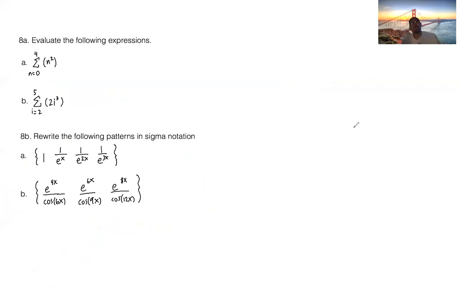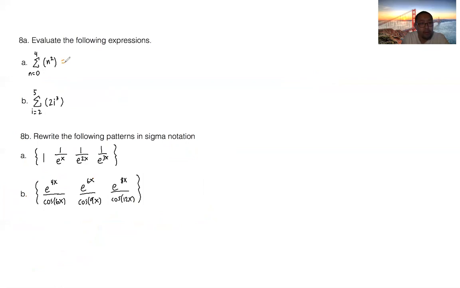Awesome. So when you're looking at sigma notation, sigma just represents summations, or you're going to add up a bunch of terms. In this case, you're going to add up this function evaluated on the interval from 0 to 4.